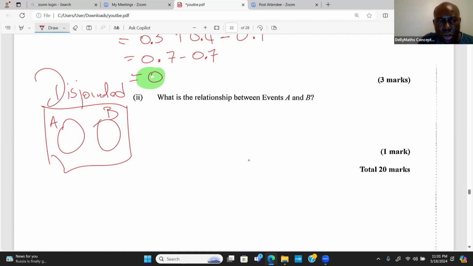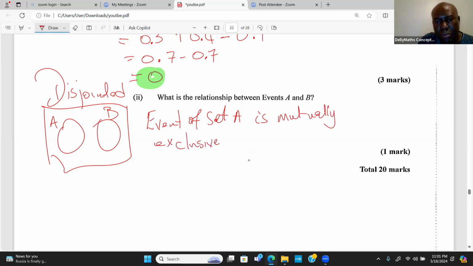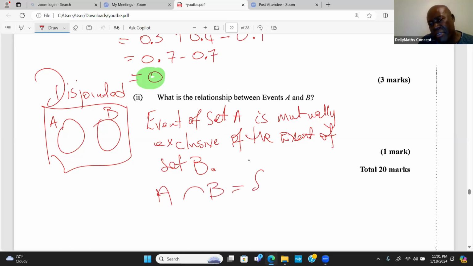we could suggest that events of set A are mutually exclusive of the events of set B. In other words, their intersection, A intersect B, will give you an empty set.